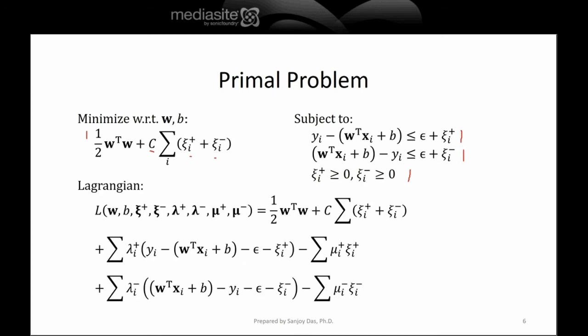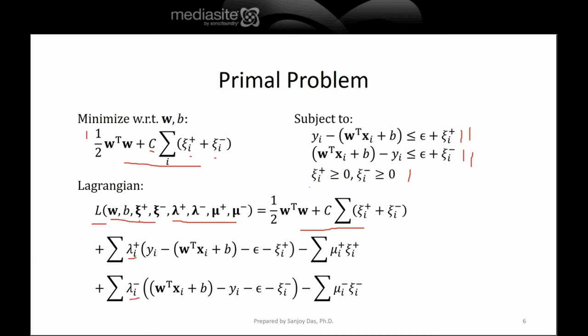And so we can set up the Lagrangian. So this is the Lagrangian L, and these are our primal variables, and these lambdas and mus are our dual variables. This is the objective function which I copy here, and then I take this constraint and multiply it with lambda i plus, and I take this constraint and multiply it with lambda i minus.